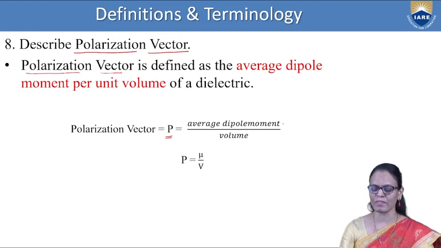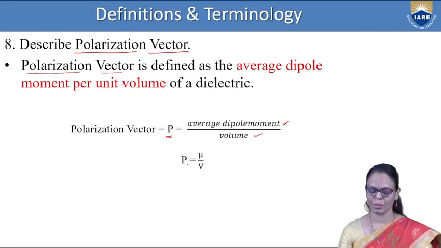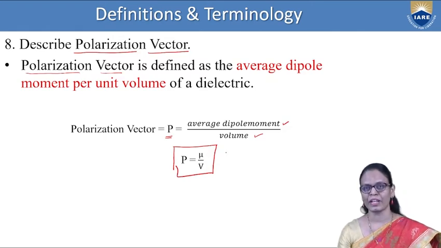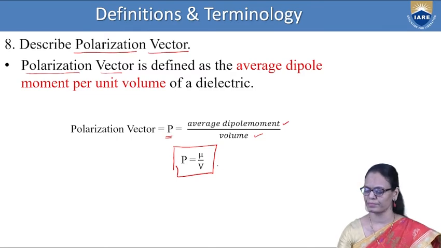It is equal to the average dipole moment upon volume, so P is equal to mu by V. Mu represents the average dipole moment and V represents the volume.